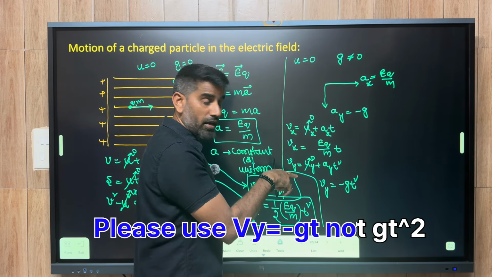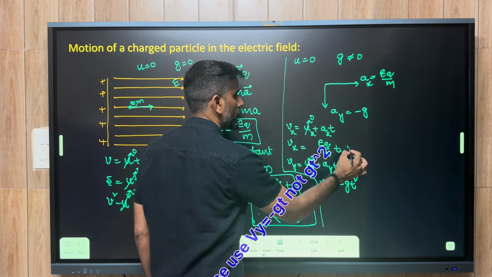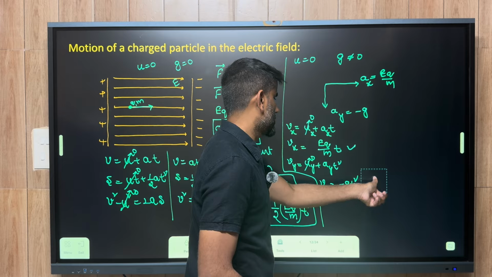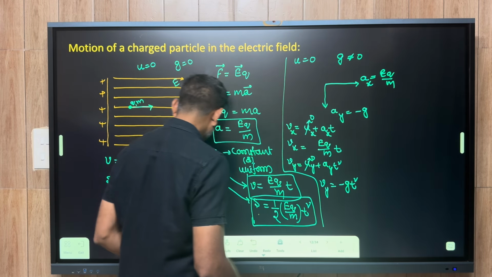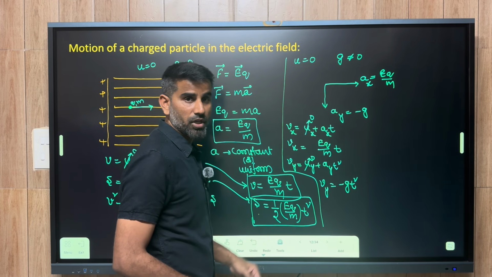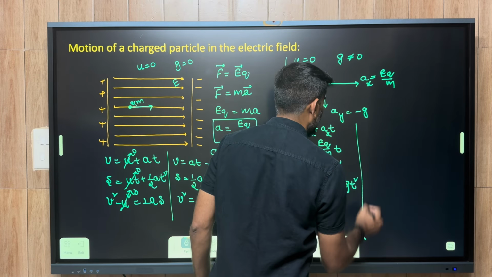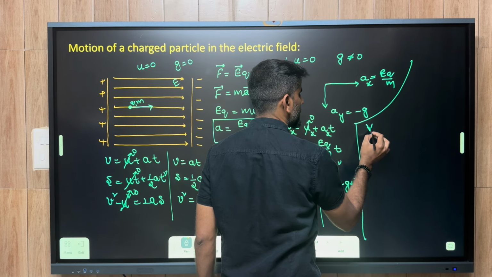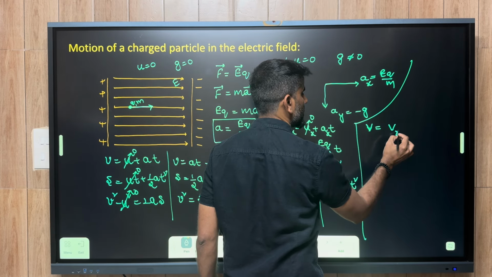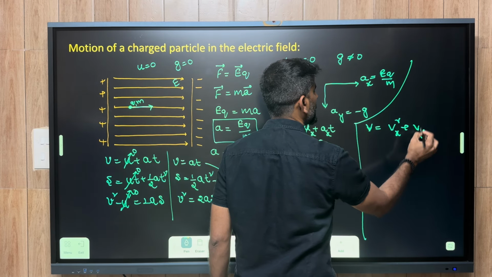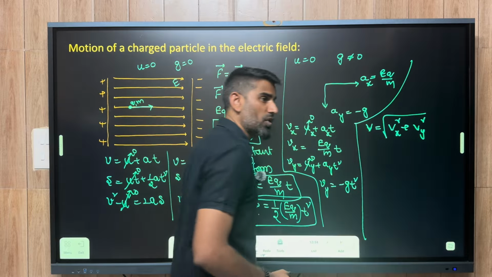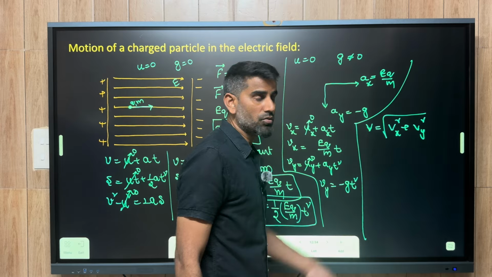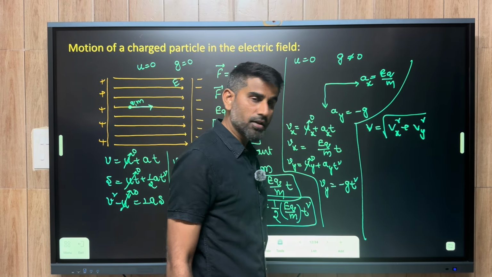Now I have got vy and vx. Sorry, I'm going to take these things out. Okay, now if I want to find the resultant velocity v after some time t, it is nothing but the square root of vx square plus vy square, because these two are perpendicular components, so the resultant will be the square root of vx square plus vy square.